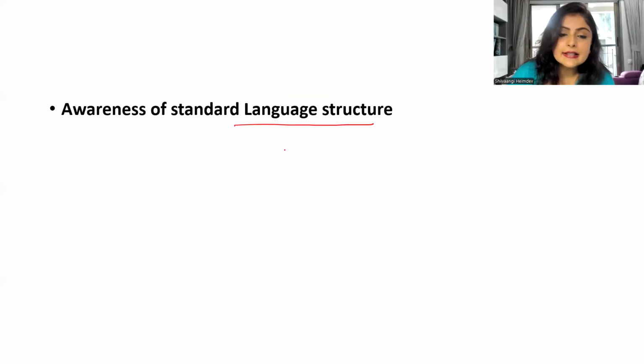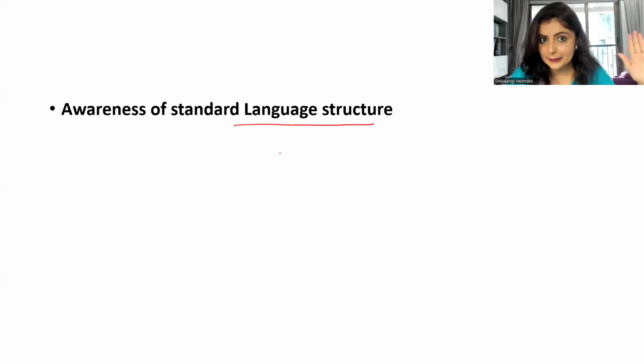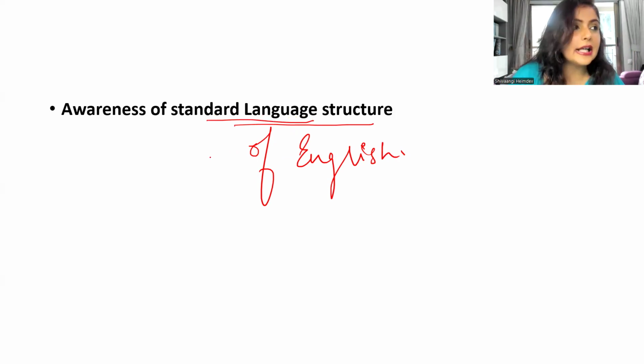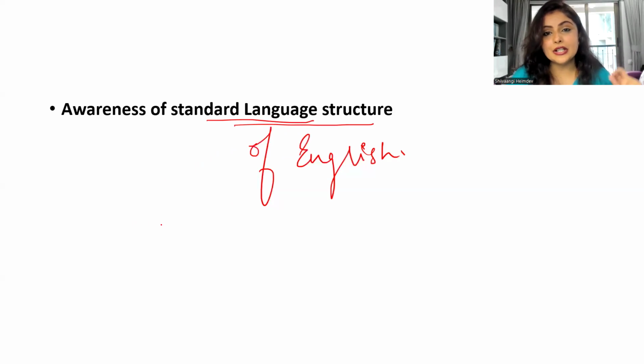With this, we come to our second step. The first step was to stop translating from your native language to English. The second step is to make sure that you are aware of the standard language structure of English. If you're not aware of it, you will have a really tough time creating different sentence structures in English.